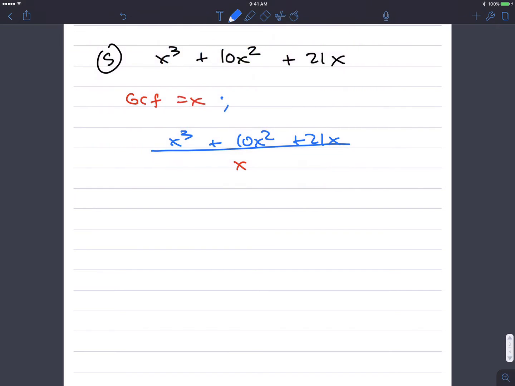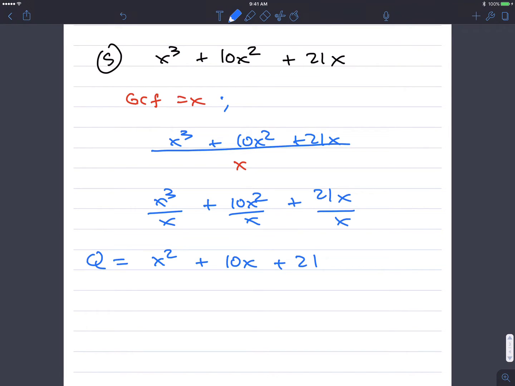Let's get this quotient: x cubed over x plus 10x squared over x plus 21x over x. You get x squared plus 10x plus 21. That's my quotient. So together we have x times (x squared plus 10x plus 21).